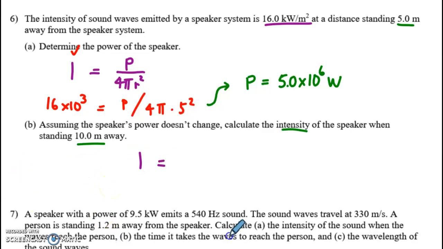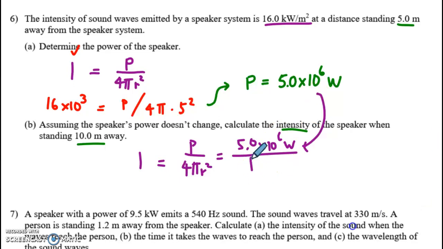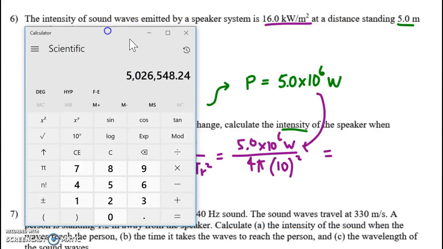I'll just go ahead and calculate power over 4 pi r squared. For my power, I do the 5.0... use the unrounded value. It's this number. R is now 10. And what do we get? Let's do it. Okay, I use this unrounded value.